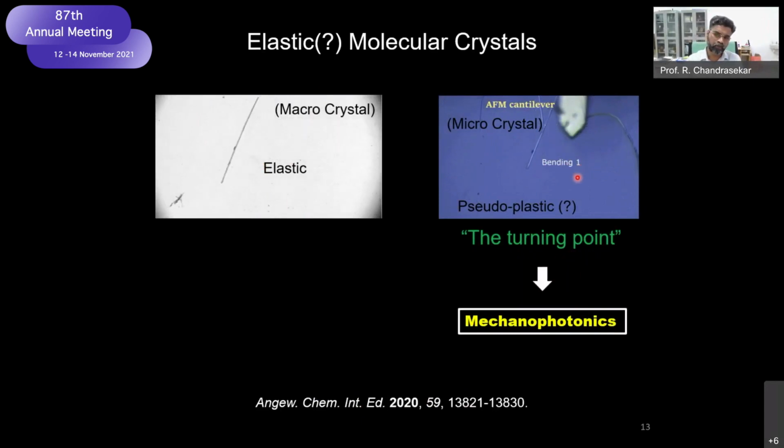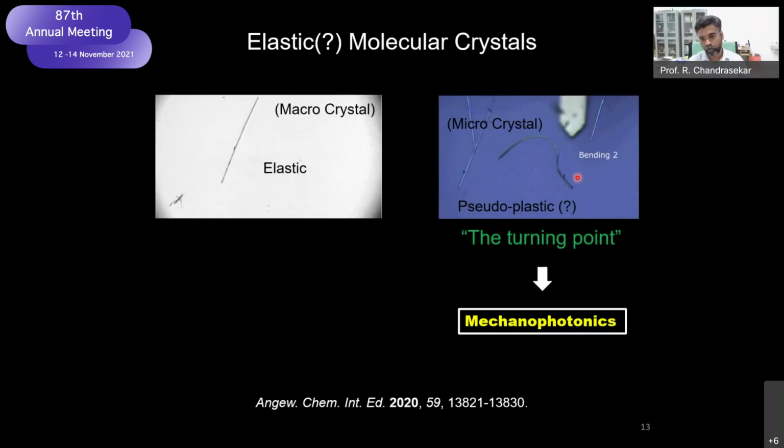This shows that the property of the crystal in the micro domain is completely different from the macro domain, because the adherence force between the crystal and the substrate is quite high, much higher than the shape-regaining energy. That's the reason it behaves like a pseudoplastic.